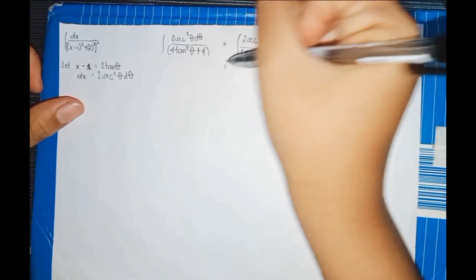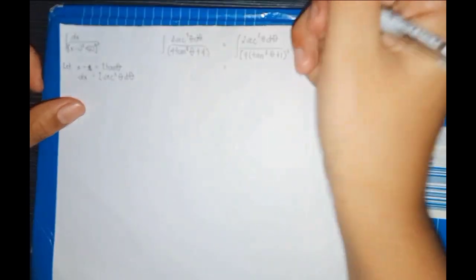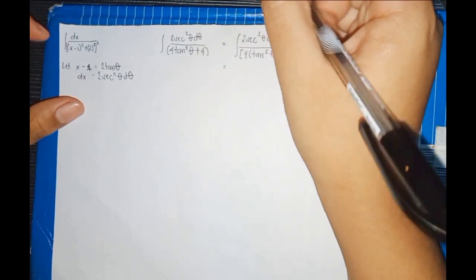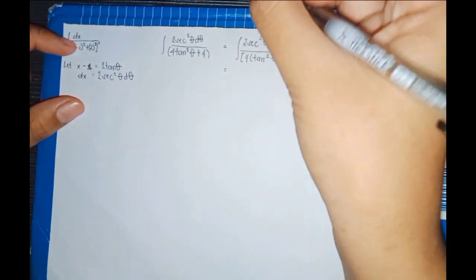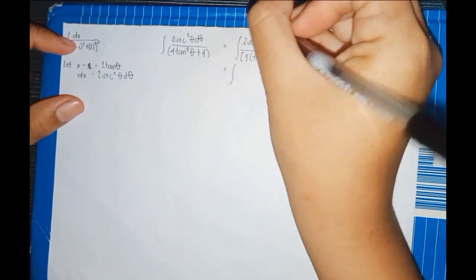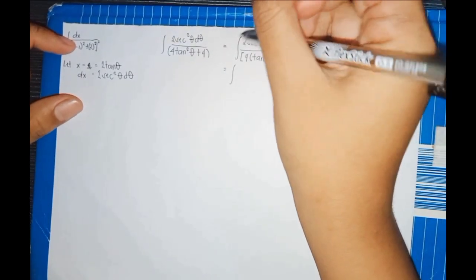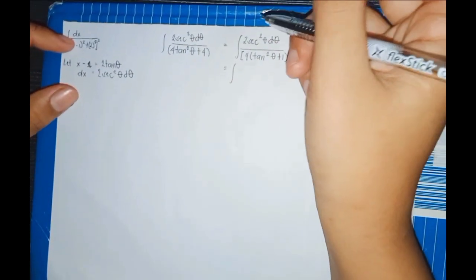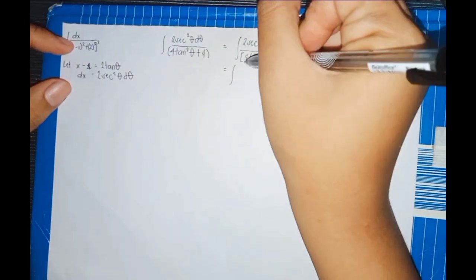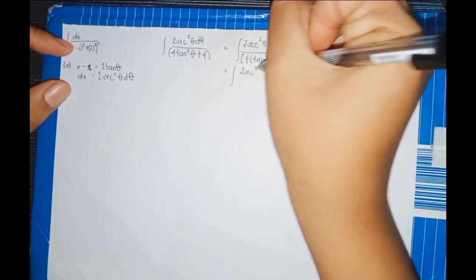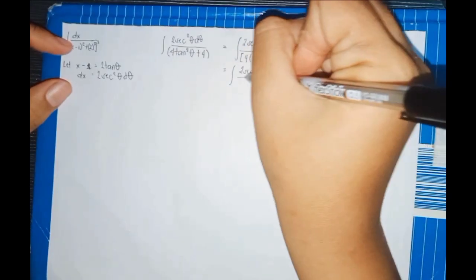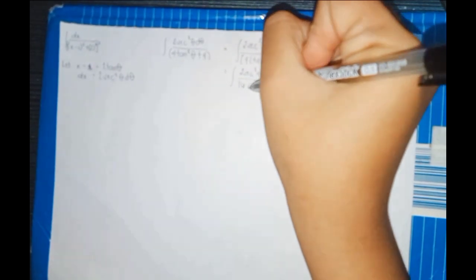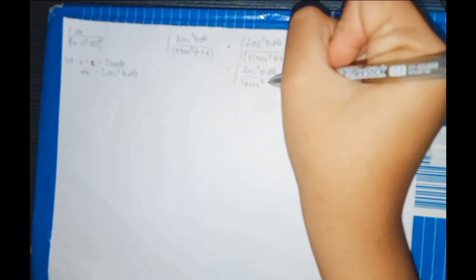So this is equal to the integral of 2 sec squared theta d theta over 16 sec to the fourth theta.